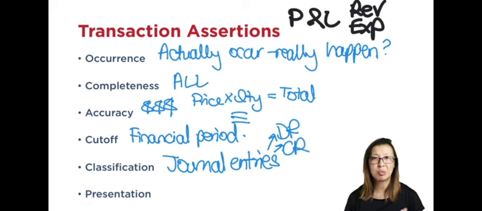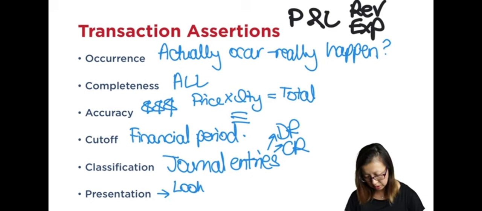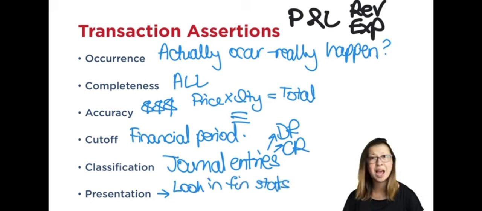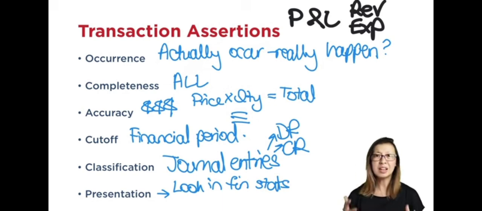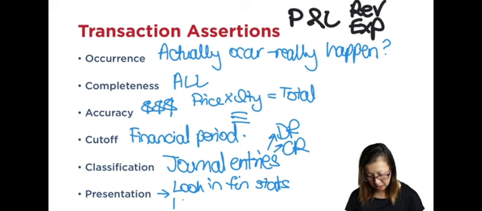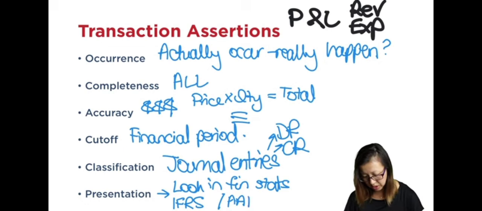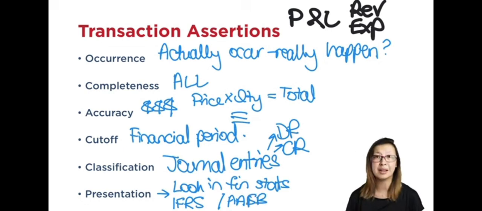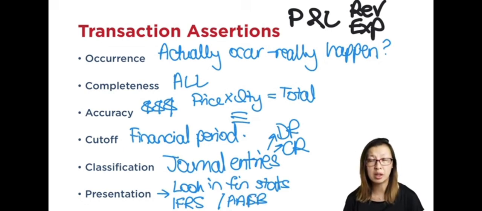And then the last one is presentation. And really, this is all about how things look in the financial statements. And I write FinStats here. FinStats means financial statements. So how does it look in the financial statements? Is everything prepared in accordance with IFRS if I'm international, or my Australian accounting standards, my AASBs, if I'm here in Australia?